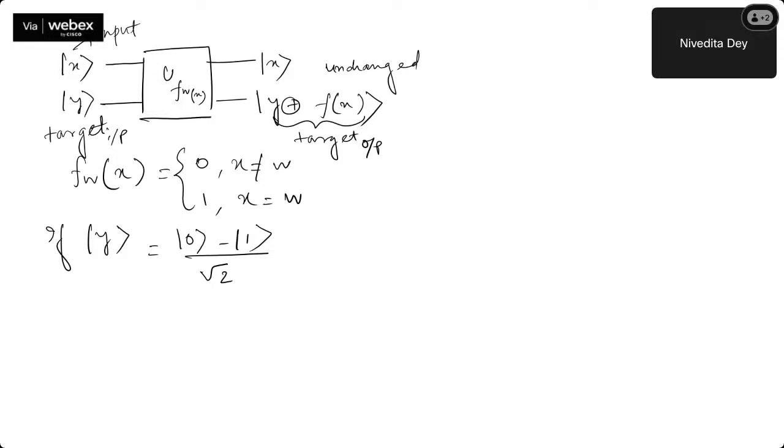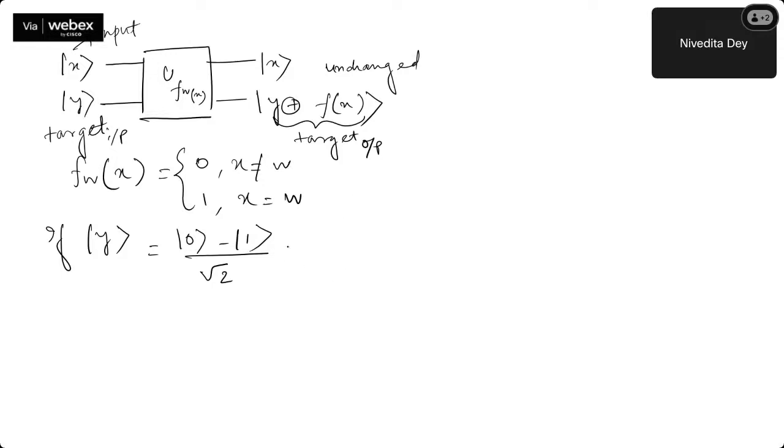I have applied a NOT followed by a Hadamard, and I have got this state which I feed to my oracle as a target. So every state you have to reconstruct for the real implementation. But right now, let me assume that y is given as (ket 0 minus ket 1) by root 2.